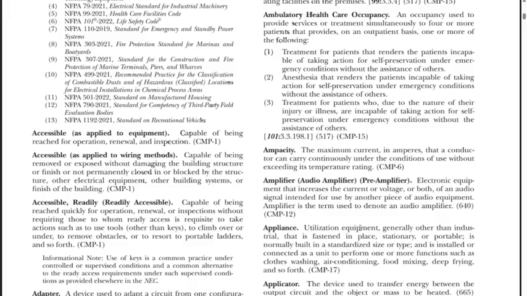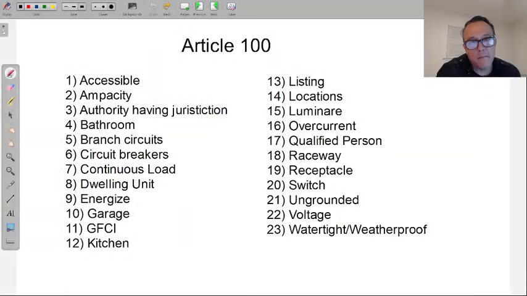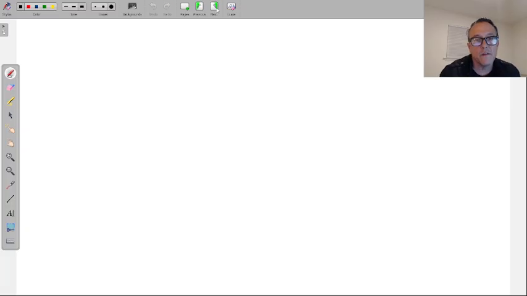Ampacity is the maximum current in amperes, which I will always just from this point forward call amps. In other words, current in amperage, because whenever we get information on anything that's electrical, for example, if I grab a light bulb, it doesn't say what the current of the light bulb is, it says what the amperage of the light bulb is.